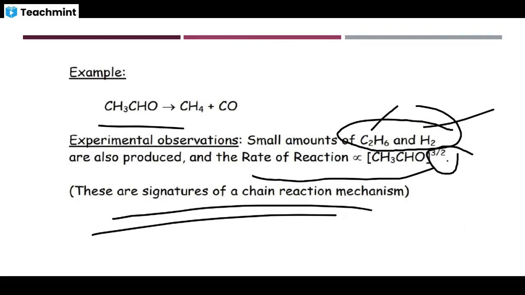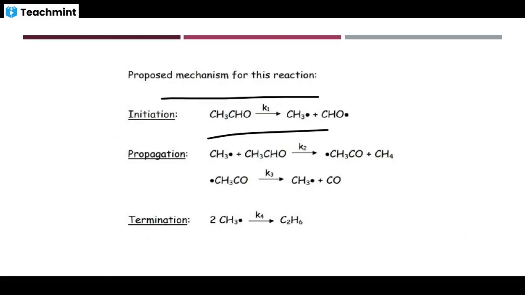What is the proposed mechanism? In the initiation step K1, CH3CHO decomposes into CH3 dot plus CHO dot. In propagation, the CH3 dot combines with CH3CHO with rate K2 to form CH3CO dot plus CH4.